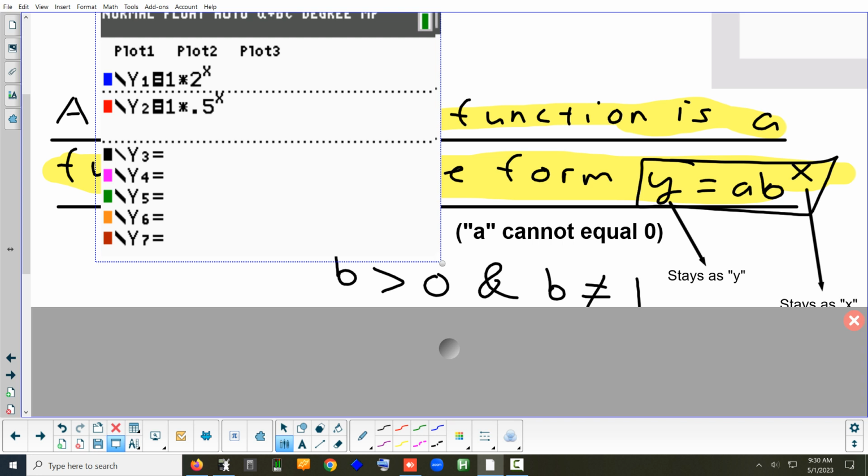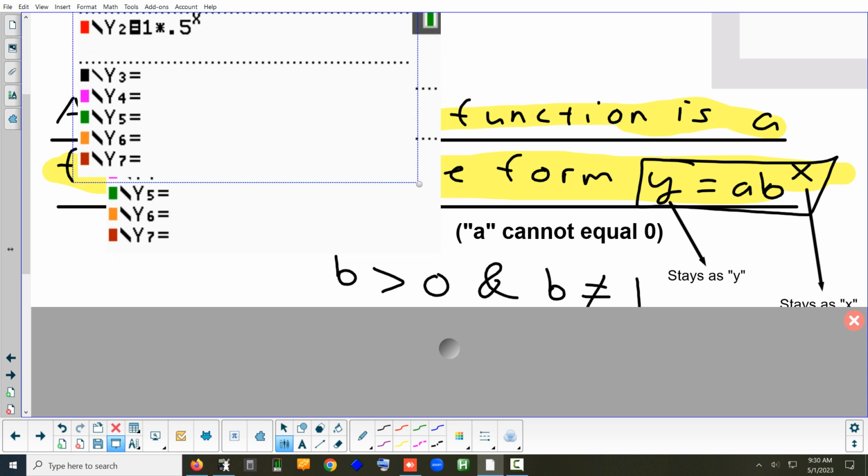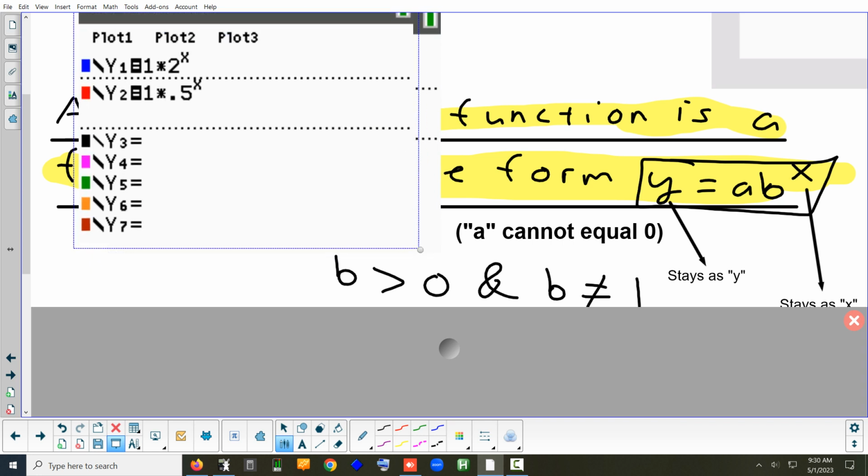All right, so look at the blue, the one that says y1. Anybody think they can tell me what a is on that first line? If you compare what I wrote to the formula that's in the box. Yeah. In this top one, a is 1. And that's okay. As long as a isn't 0, you're good.